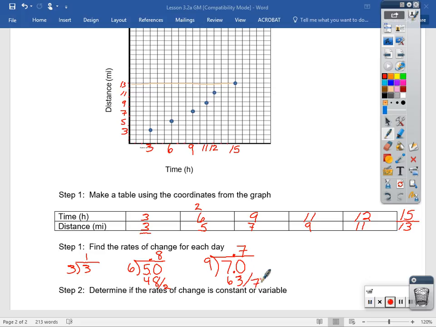Once again, I just need 1 decimal point for now. And my next one is going to be 11 into 9. Doesn't go evenly, so I'm going to add a 0. And 8 times 11 is 88, which gives me 2.